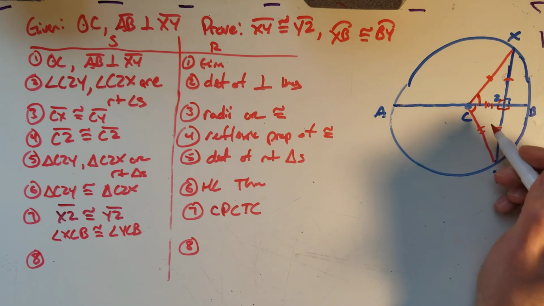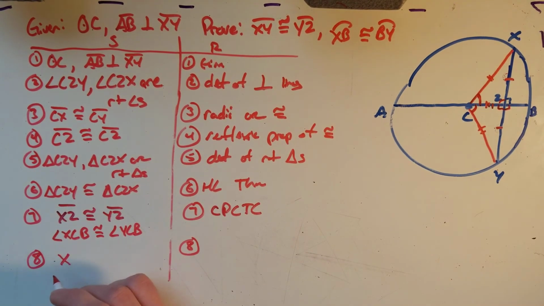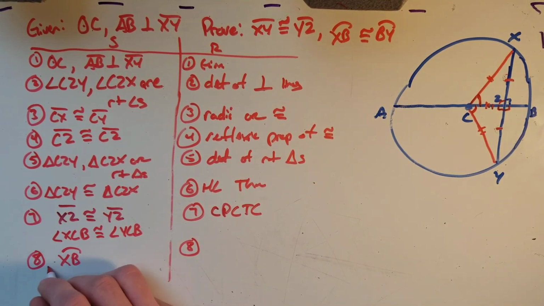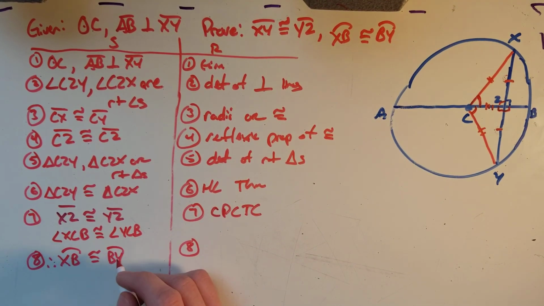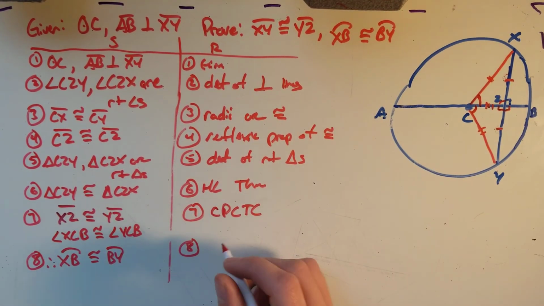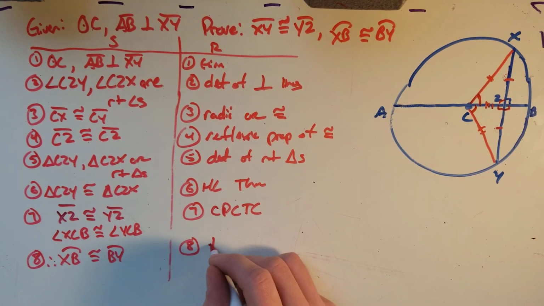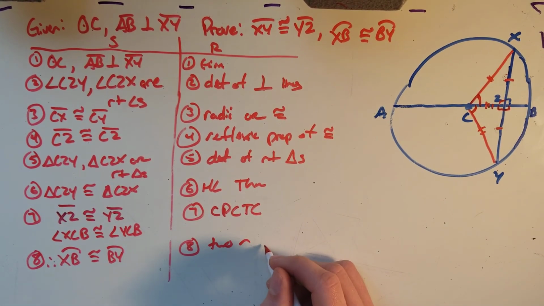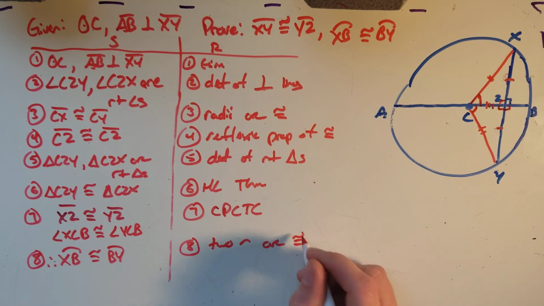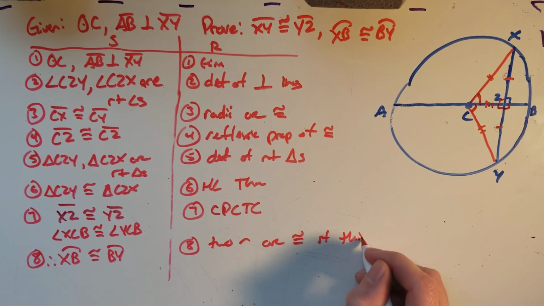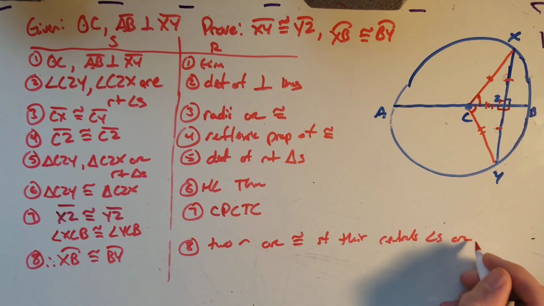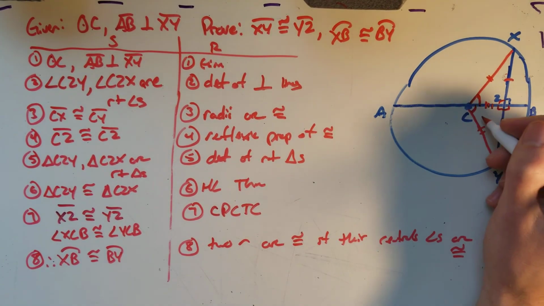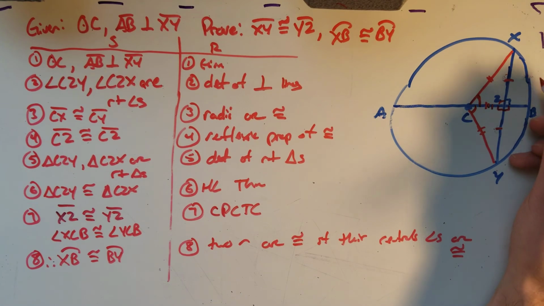So once we know those 2 angles are congruent, well, then we know that arc XB is going to be congruent to BY. And we know that because, when we have 2 arcs, they are congruent if their central angles are congruent. Central angles are congruent, so therefore the arcs are congruent as well.